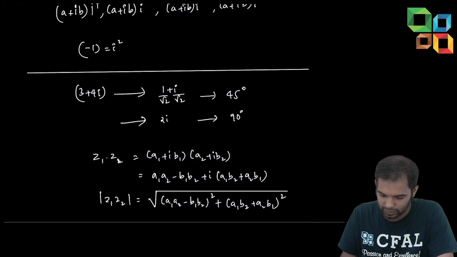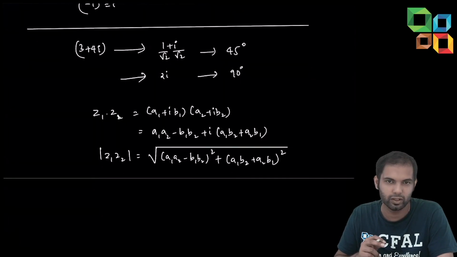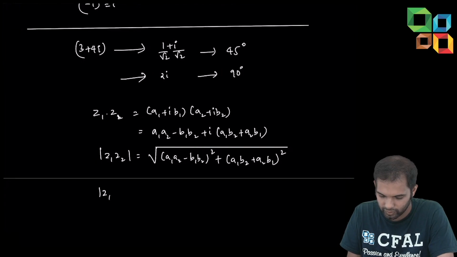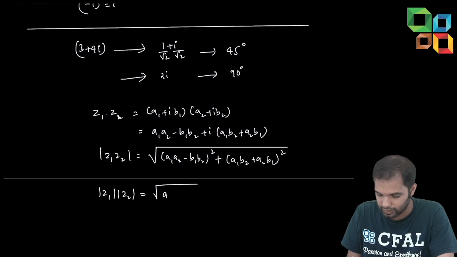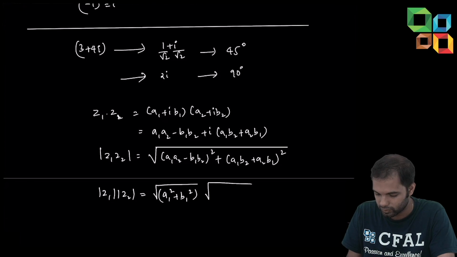Now, instead of taking the magnitude of the product, I'll simply take the magnitude of Z1 and Z2. What am I getting? You can see that it is root of A1 square plus B1 square into root of A2 square plus B2 square.